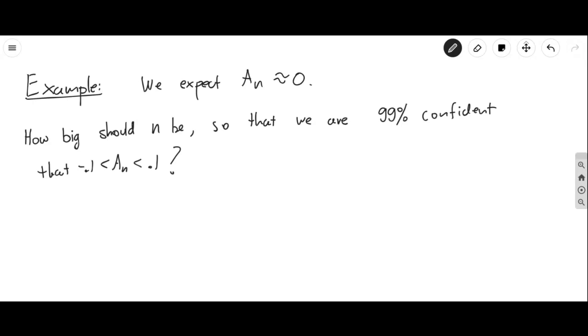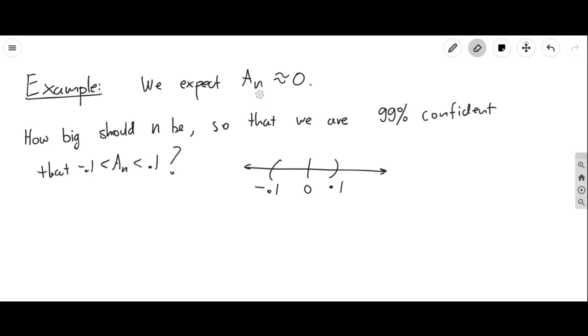So let me repeat the question again in the way that will hopefully make it easier to understand what we're asking. So here's the number line. We expect that we should be at 0. Now, of course, as we have remarked, even though 0 is the most probable outcome when n is an even number of steps, it still happens with a small probability. So we could be a little bit to the right, we could be a little bit to the left. So we create a small margin of error between 0.1 and negative 0.1.